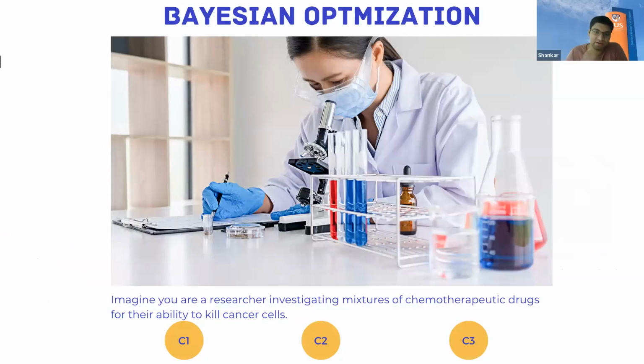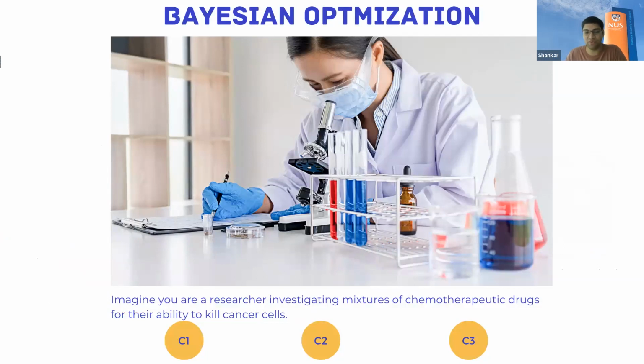Okay, so far this has been a bit dry, right? Let me take you through a story now. Let's imagine you're a researcher investigating different mixtures of chemotherapeutic drugs for their ability to kill cancer cells. You've narrowed it down to three molecules, C1, C2, and C3.